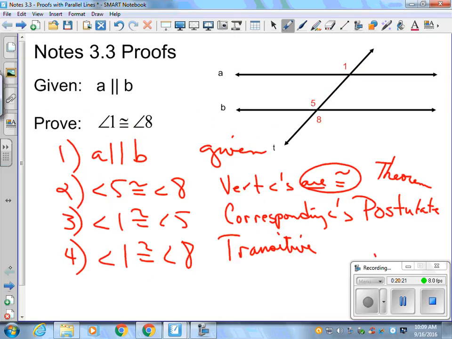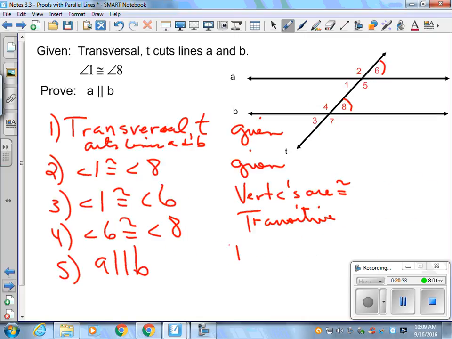In this one, we had the parallel lines, so we stated the corresponding angle postulate made these congruent. When you go backwards and you're going to parallel, you say it's the inverse. So this is the inverse corresponding, and we can abbreviate corresponding if you want to, angles postulate.